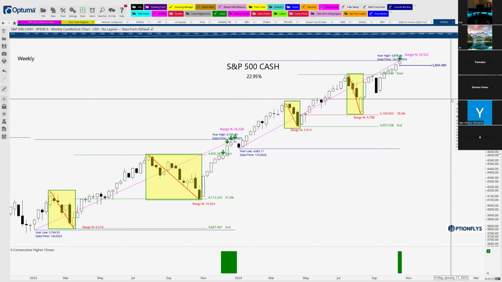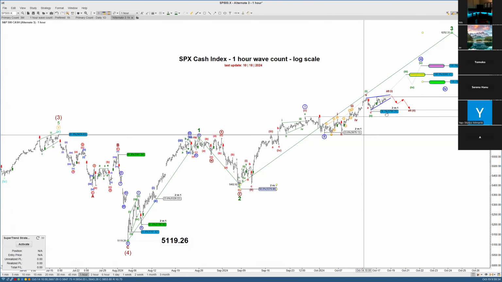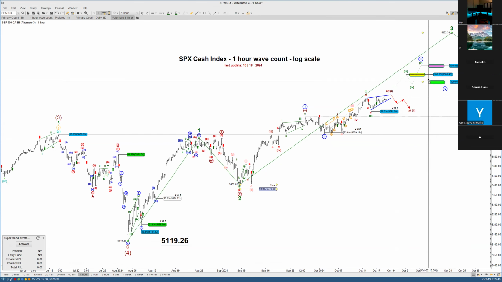No. Well, I can call the top here, but I'm not going to be able to call the top here. Why? Because I'm short. I need to satisfy this wave count.